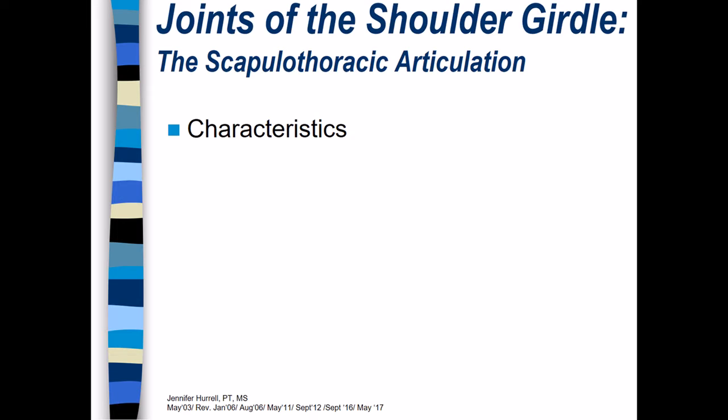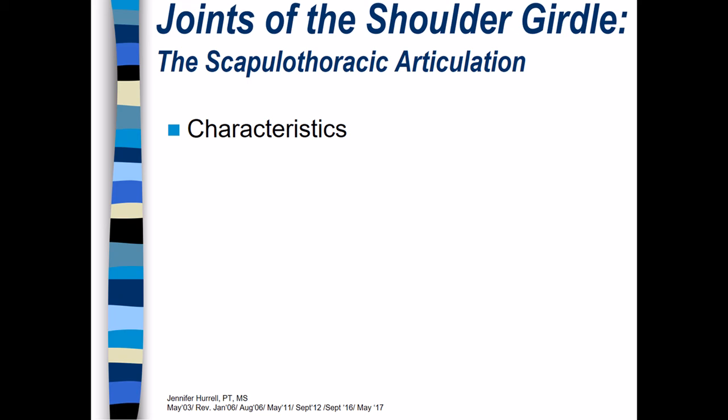All right, so we're going to go through the individual joints now. First one's easy. It's the scapulothoracic joint. There's really not a lot to say about it. And it's true, even though we call it a joint, it's technically more of an articulation than it is a joint. It's not a synovial joint. There's no synovial fluid. There's no capsule involved.